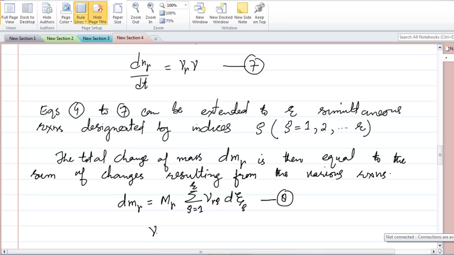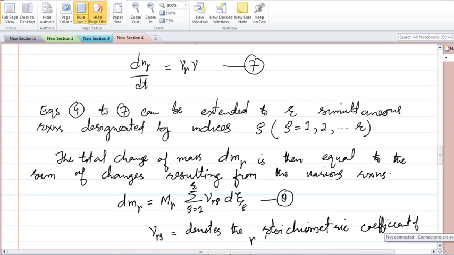Here nu gamma rho basically denotes the stoichiometric coefficient of gamma, but in the rho-th reaction.